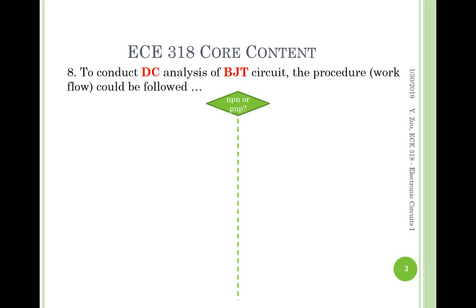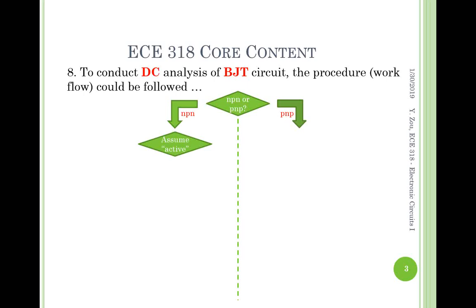First of all, being clear whether we have an NPN or PNP BJT, we correspondingly have two routes to go through. Along the NPN BJT route, we first assume the active operation region of the BJT. This is the amplifier application operation region.